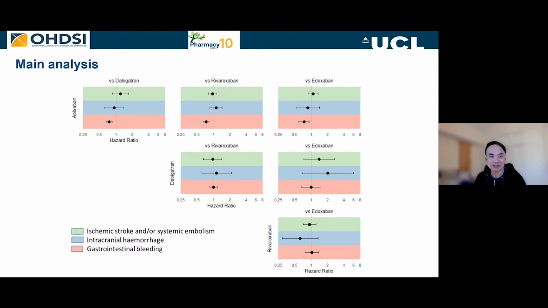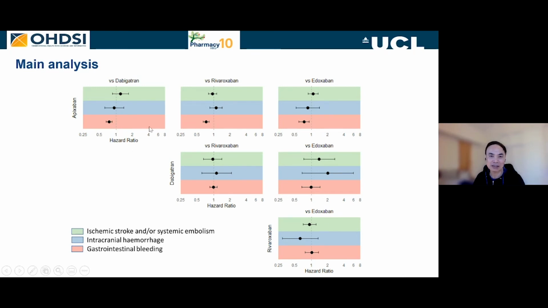But what we actually see here is that the green one is about ischemic stroke and systemic embolism. There's very little difference between the different comparisons. And similarly, for intracranial hemorrhage, there's very little difference between each drug. It's quite similar.